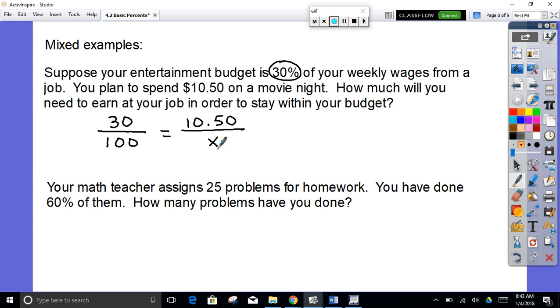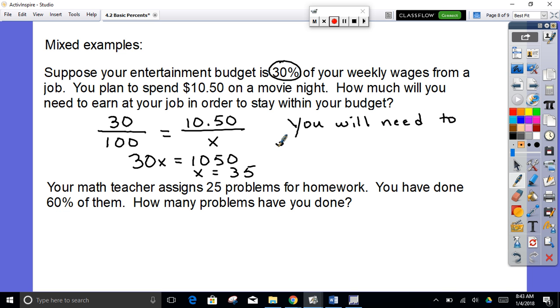Okay, so again, solving this, we would cross multiply. 30x equals 1,050, and we find that x equals 35. So we would end this by saying you will need to earn $35.